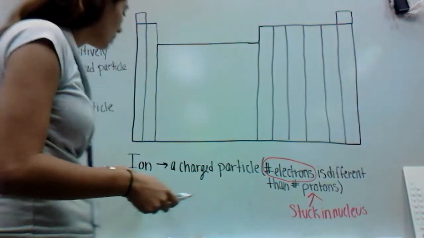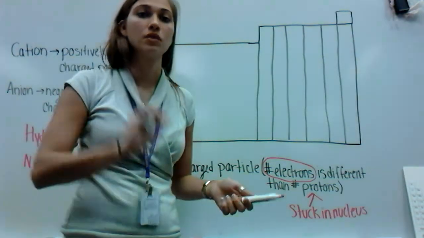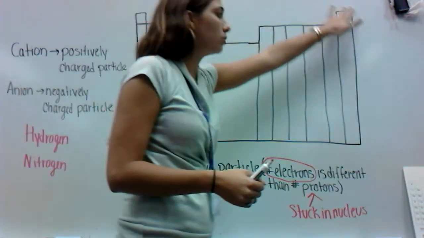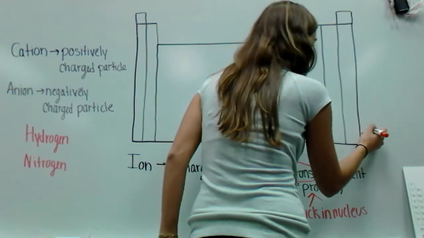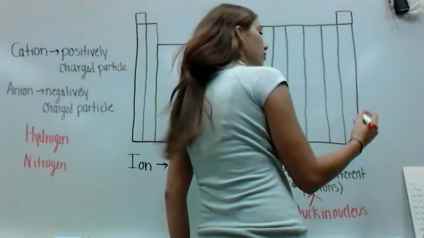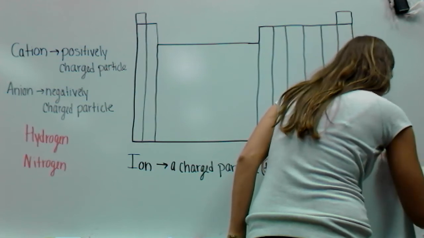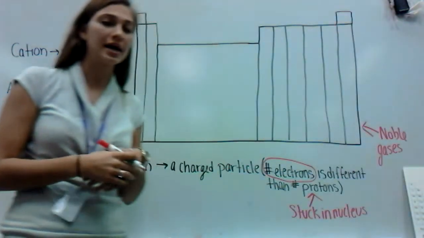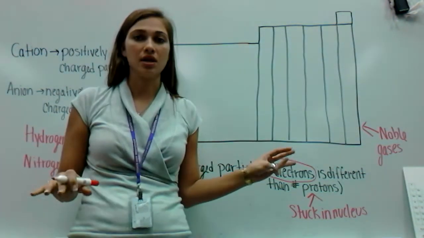So how are we going to figure out what charge all these different elements have? What we need to think about is our noble gases. We know our noble gases are this very last group over here. We talked about in class already how our noble gases don't react with anything.